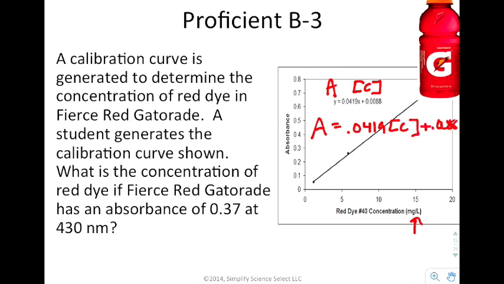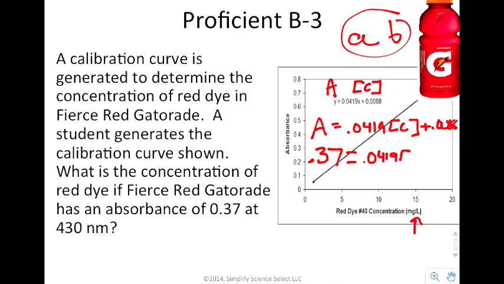This right here is a standardized curve. Built into the slope are the absorptivity and the path length together because it's consistent for this entire investigation. So I can just use this equation. I can say I have an absorbance of 0.37. I have 0.0419 times the concentration, which is what I'm trying to solve for.